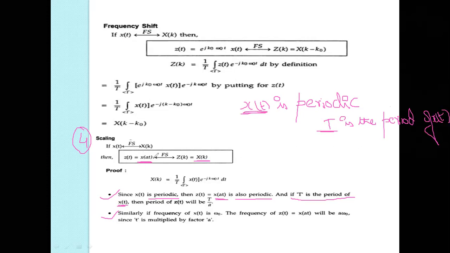Now we are taking x of at. If x of t is periodic, with scaling by a, then x of at is also periodic. For x of t the period is T, which means for x of at, the period is T by a.